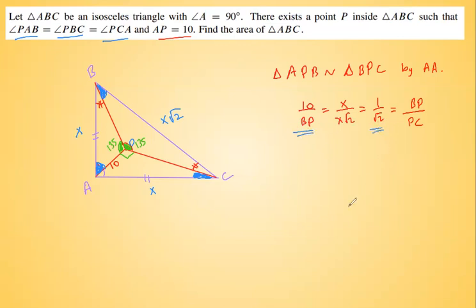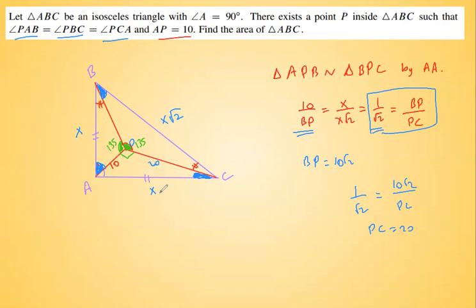If I take these two and do cross multiplication, this times this will be 10 root 2, so BP will be 10 root 2. Then if I take this part, 1 over root 2 equals BP, which is 10 root 2, over PC. If you do so, PC will be 10 root 2 times root 2, which is 20. That's really nice. So that's 10, that's 20.